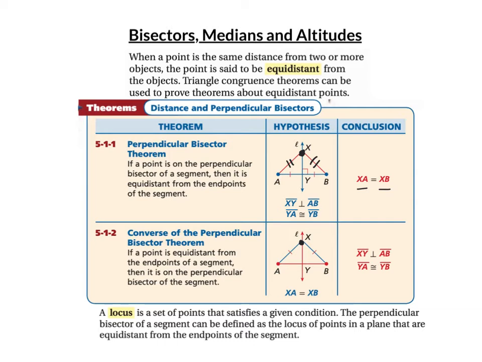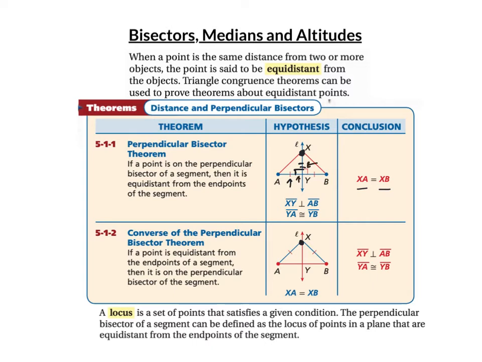Why is this true? Look at the top theorem. Notice that if we erase our lines and look at the two triangles that are created by the perpendicular bisector, you'll notice those two triangles share a line. In other words, we have a reflexive property going on, and the two triangles both have a right angle. So what we have is side, right angle, angle, side.